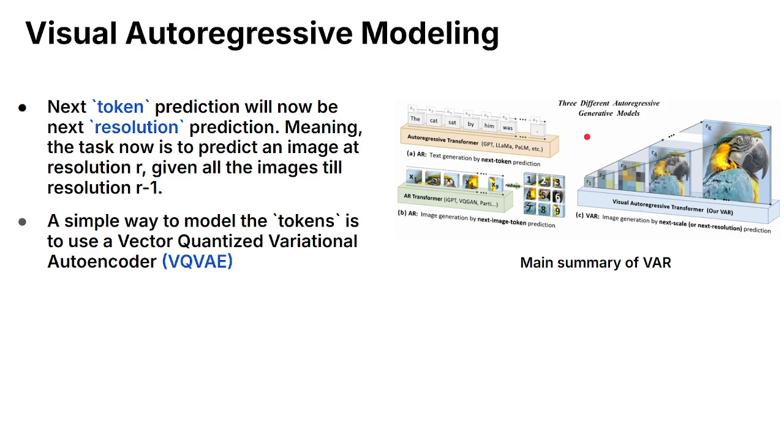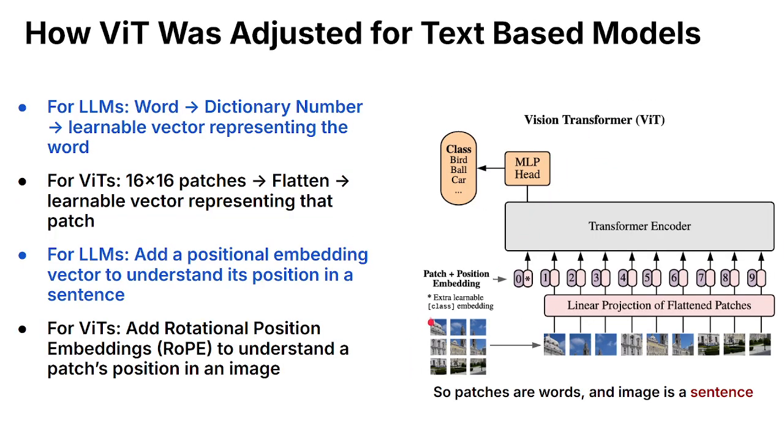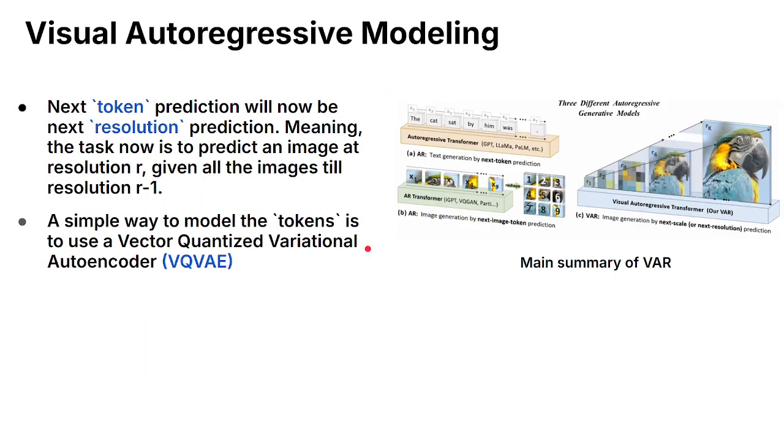And the other thing is this tokenization that we did, flattening a 16 by 16 image, is also very bad, because how can we simply say that flattening a 16 by 16 patch is a very accurate representation of what information this patch actually entails, right? So for that, they use a very simple but very fancy name of a model. It's called Vector Quantized Variational Autoencoder, or VQVAE. So we'll first discuss the VQVAE and then we'll talk about the transformer itself.